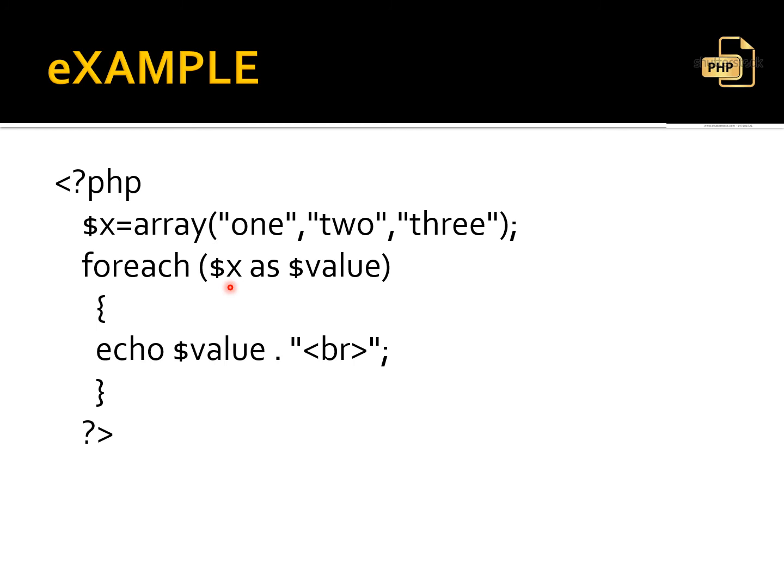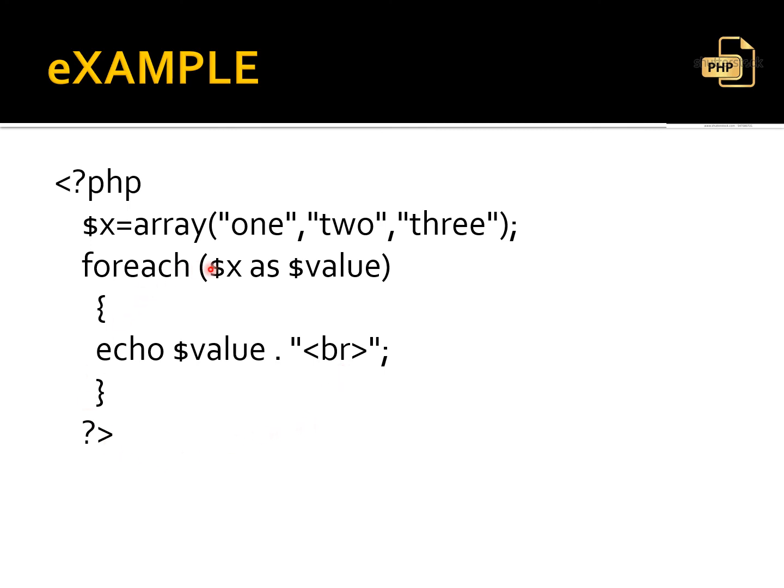So we have to extract all the values in $x as $value. Initially, $value is pointing to the first data item of $x. So echo $value means 1 will be printed. After that, br means line break.